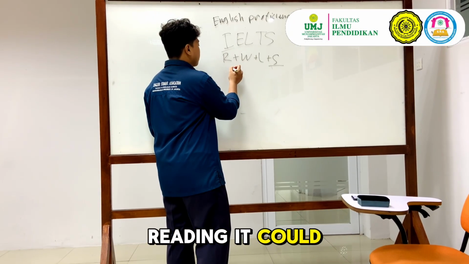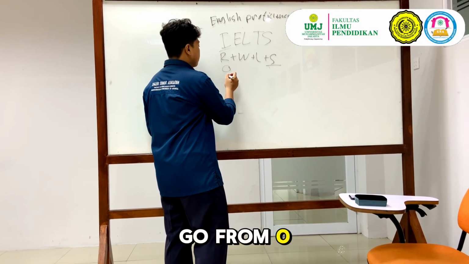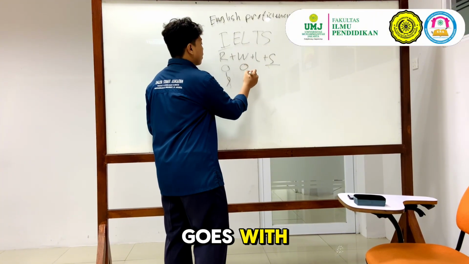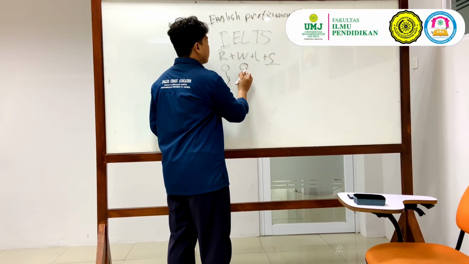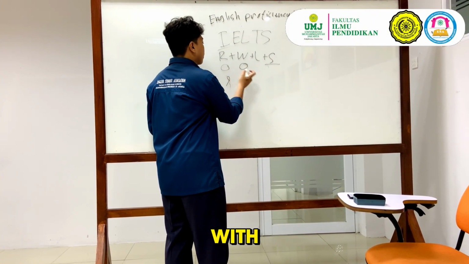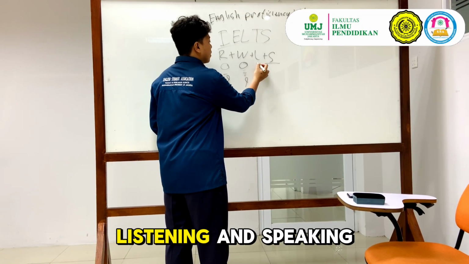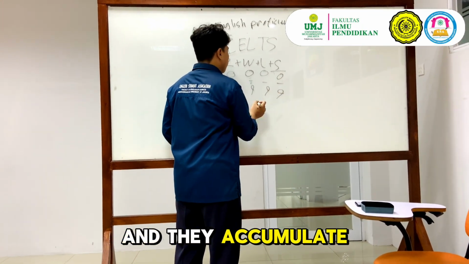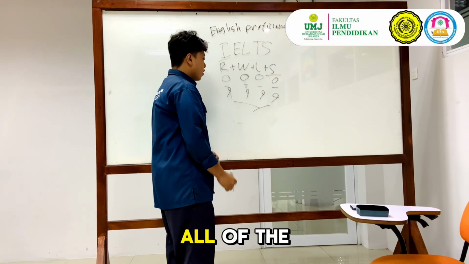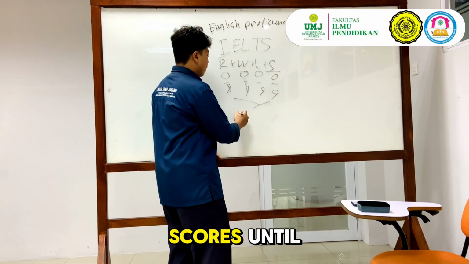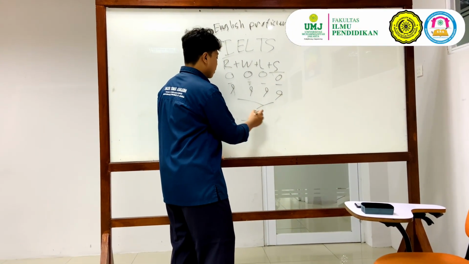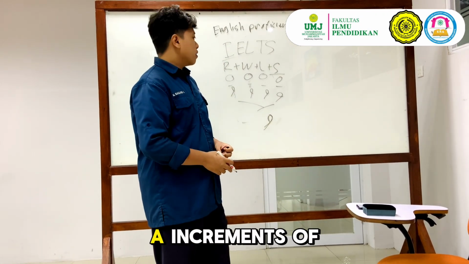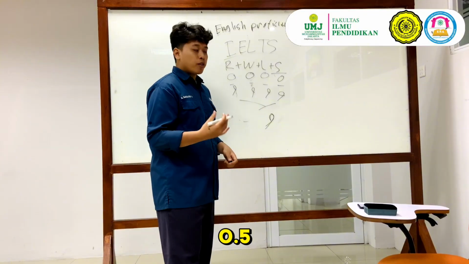From reading it could go from 0 until 9, and the same goes with listening and speaking, and they accumulate all the scores to a maximum of 9 points. But it has increments of 0.5.